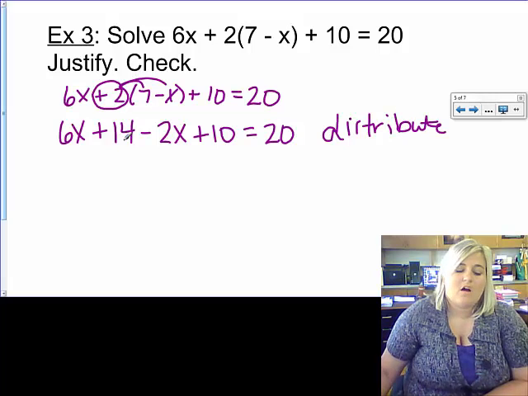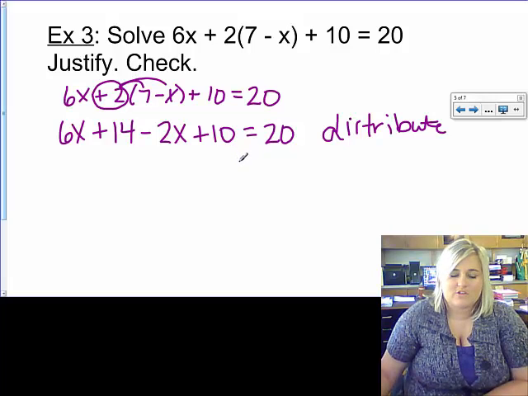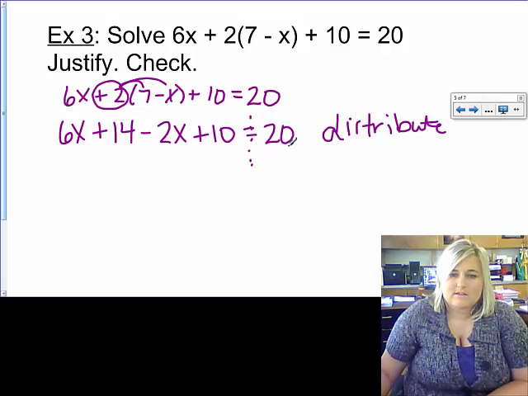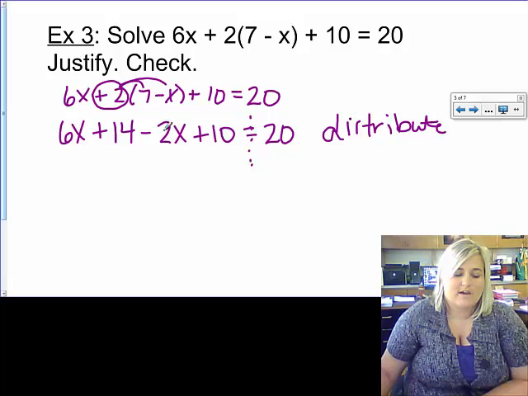Okay. Now, at this point, we're at the same step as we were at the beginning of the last problem. I have the left side and the right side of the equal sign. On the right side, it's completely simplified. On the left side, I have some simplifying to do. So 6x will be like terms with any term on this side that has x, as long as it's just x.